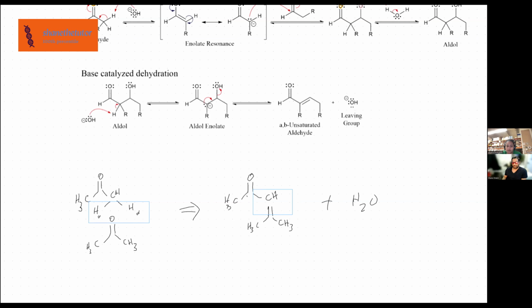Once you do that, you'll have your carbonyl group and an alcohol group, and that's the aldol. Then you add base again, and you're going to have the OH group leave, and you'll have your alpha beta unsaturated molecule.